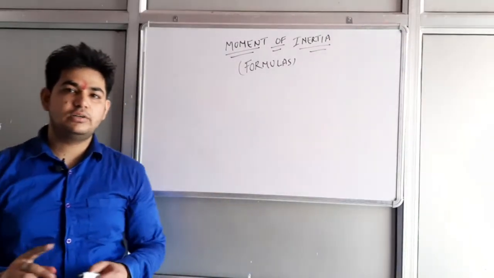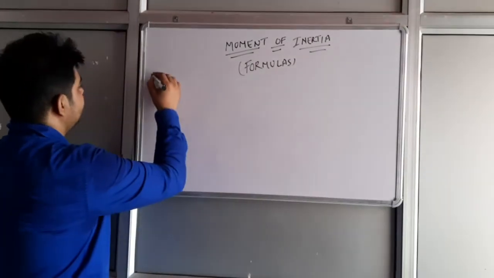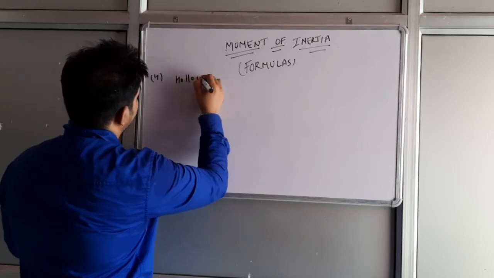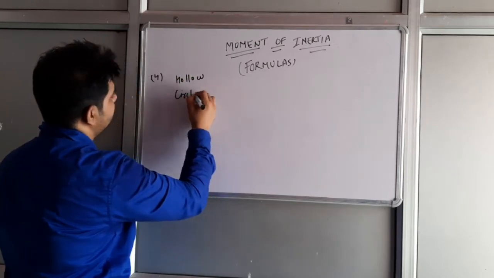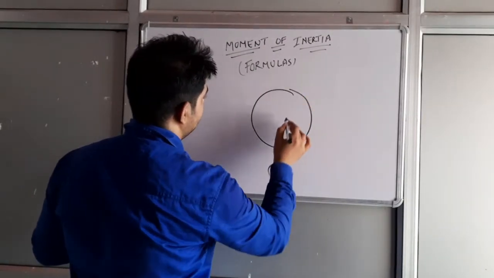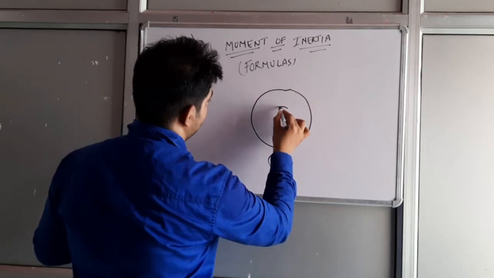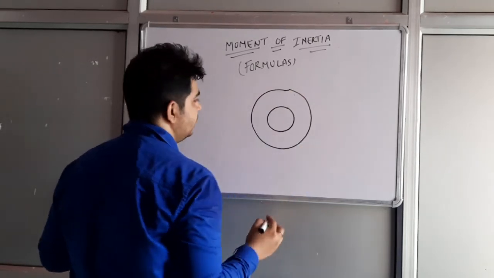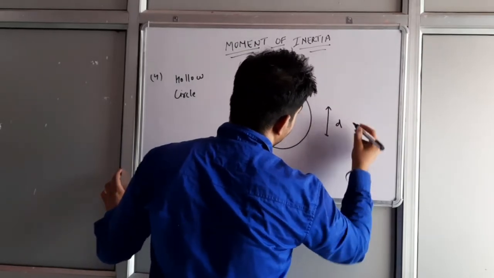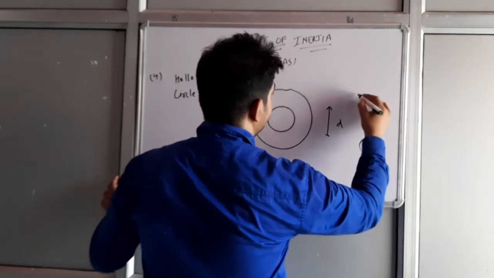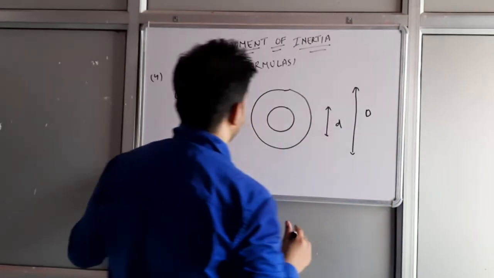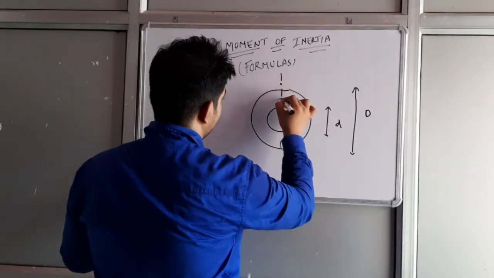Now we will discuss hollow circle. The fourth one is hollow circle. Let us draw a figure. Here the smaller circle diameter will be small d and the bigger one will be capital D. Let us draw y-axis.